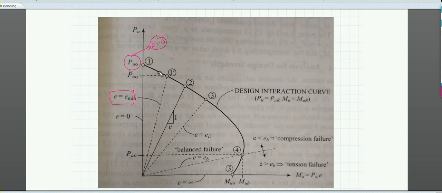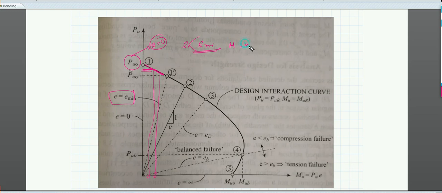Within this region you can see that the moment is very less. Whatever axial load it can take, the corresponding moment is very less. That is why, if E is less than E minimum, we ignore the moment, because it is very small.